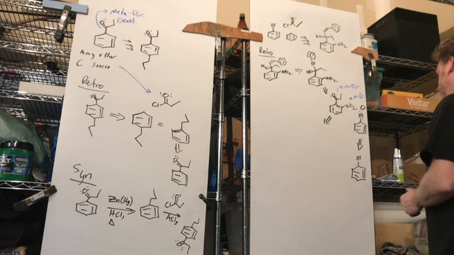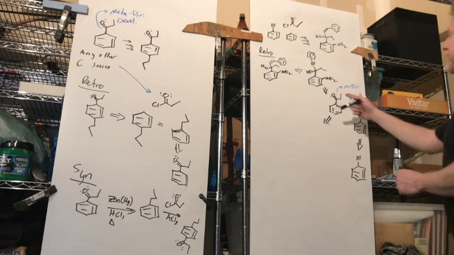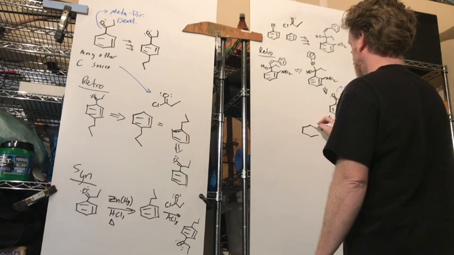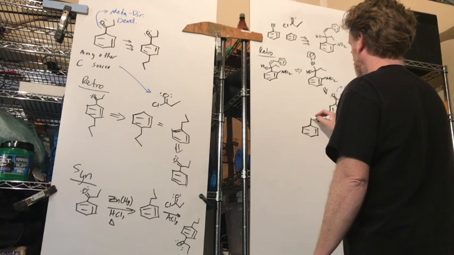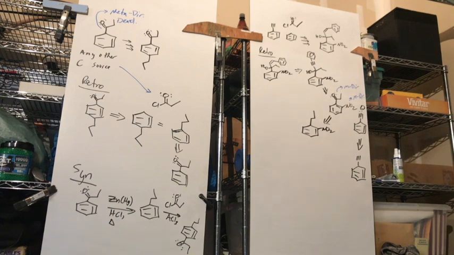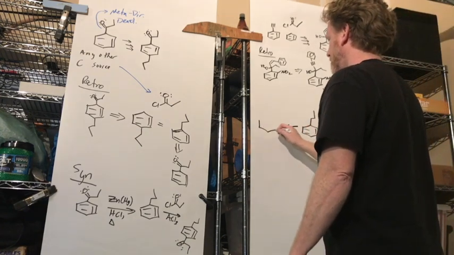That means one of those had to be an orthopara director. Let's go with the ketone. Let's say that ketone was an orthopara director. It was the alkane, say. So, okay, I can get a nitro ortho to it, but how do I get the nitro just ortho and not also para? This came from the blocking group.